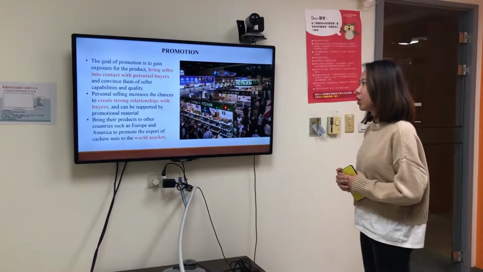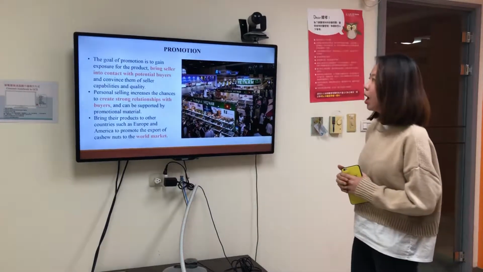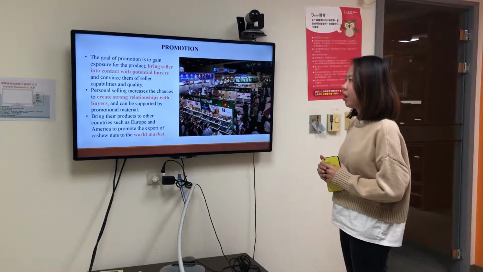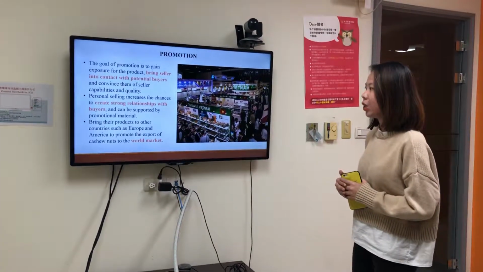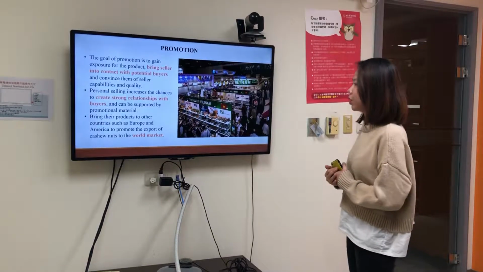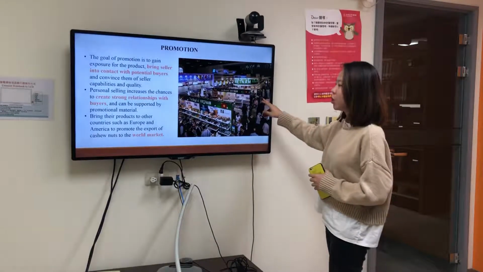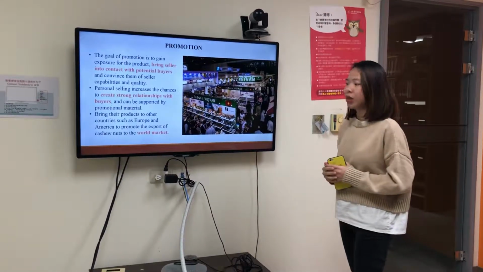The goal of promotion is to get exports for the product, bring sellers into contact with potential buyers, and convince them of the seller's capability and quality. Personal selling tends to create strong relationships with buyers and can be supported by promotion material. Bring products to other countries such as Europe and America to promote export of cashew nuts to the world market.